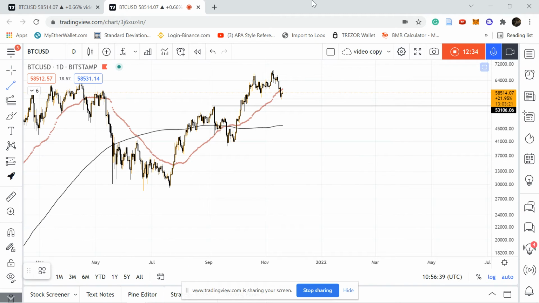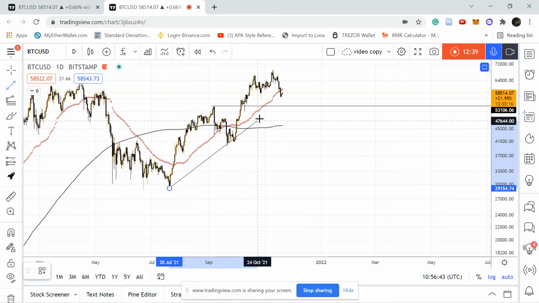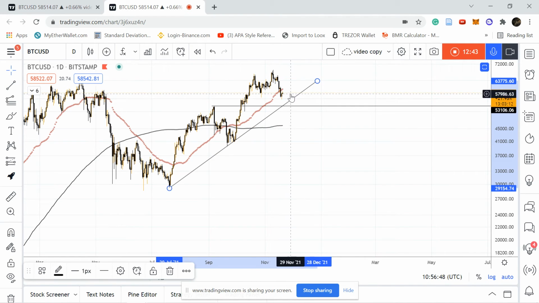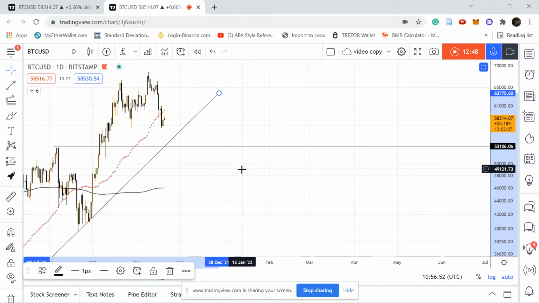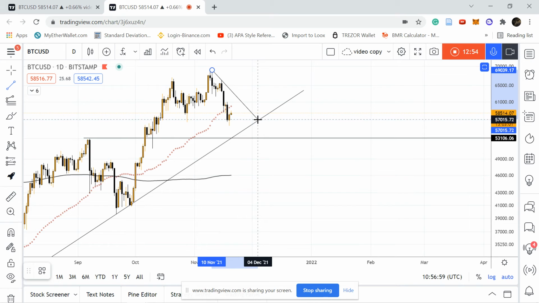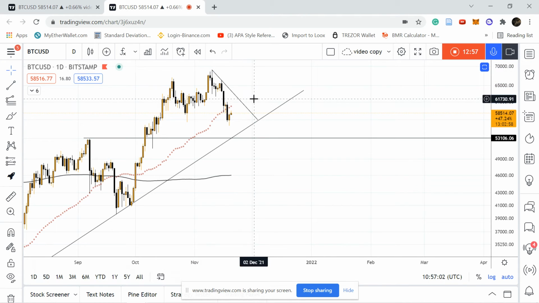Then we need to draw the support trend line, which is over here. So we can expect Bitcoin to maybe touch this support trend line again. We can also draw the resistance line from here. When Bitcoin breaks above this resistance line, we know that there will be an acceleration in price upwards.